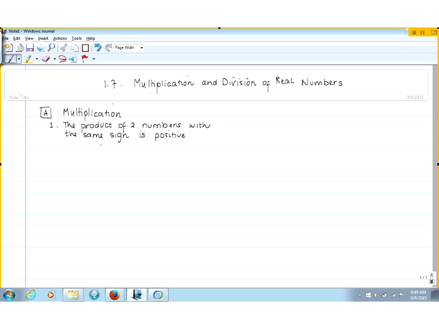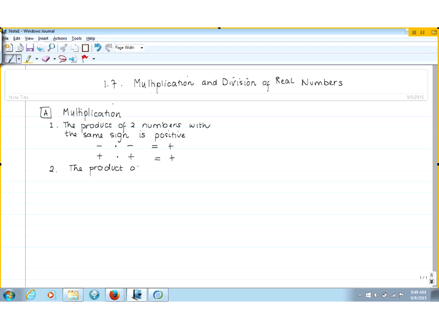Positive, yes. So if I have negative multiplied by negative, my answer is positive. Well, positive multiplied by positive is positive. That's how I write it to make it short. So same sign, the product is positive.